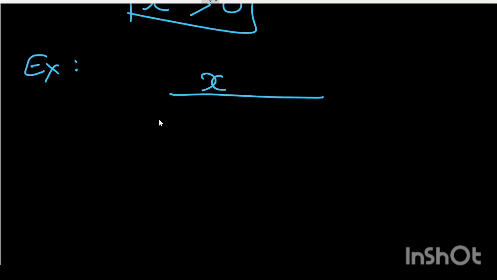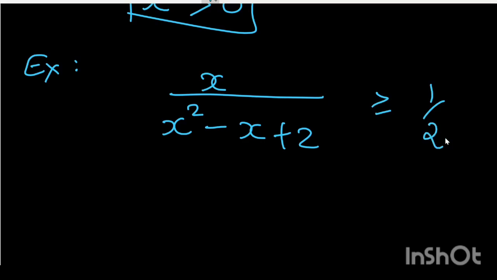So let's take another example, guys. x upon x square minus x plus 2 greater than or equal to half. So how can we solve this?